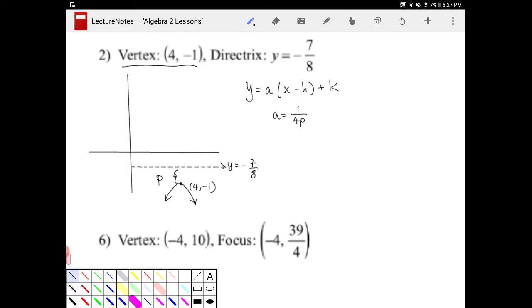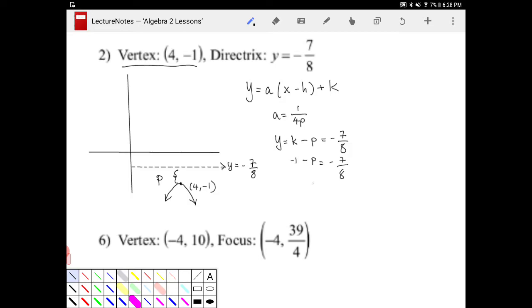So I'm going to let the mathematics figure out for us what exactly p is, because looking at this, I know that a should end up being negative, right? I know that the directrix has the formula k minus p. And since the directrix is equal to -7/8, and I know that k is equal to -1, I can then say -1 minus p is equal to -7/8.